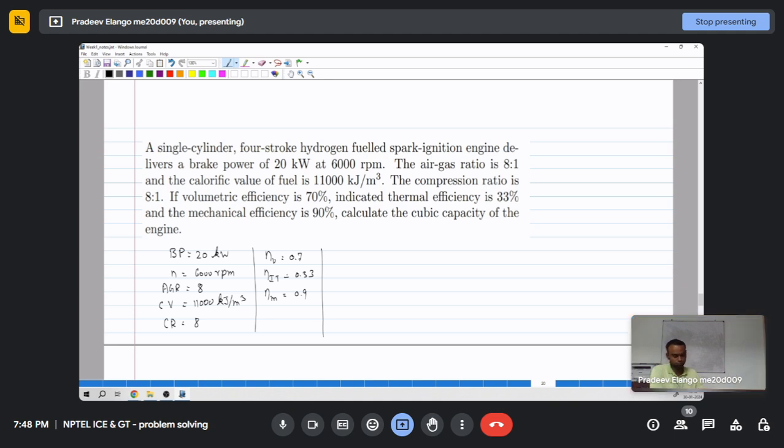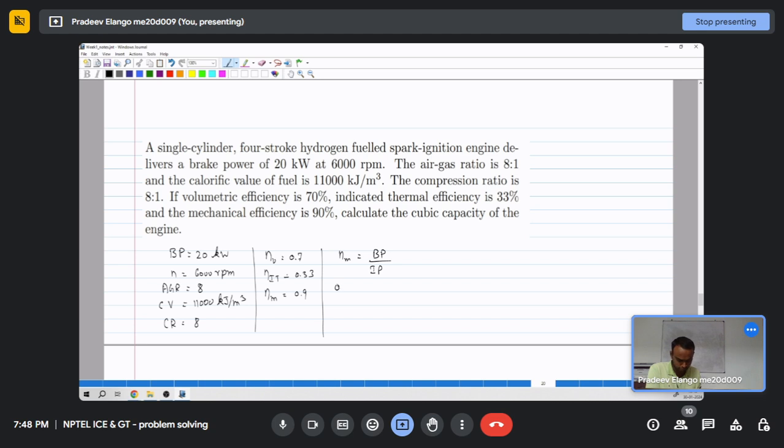So first we can calculate the indicated power by mechanical efficiency. Yes. So indicated thermal efficiency is indicated power by fuel power. Okay, so we need to first have mechanical efficiency. Mechanical efficiency is brake power by indicated power.